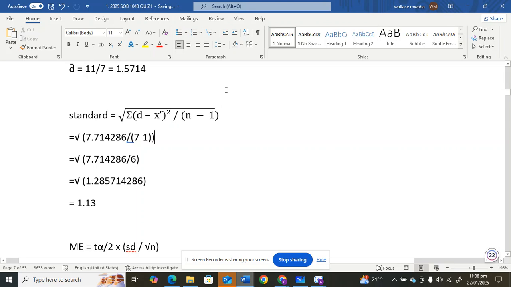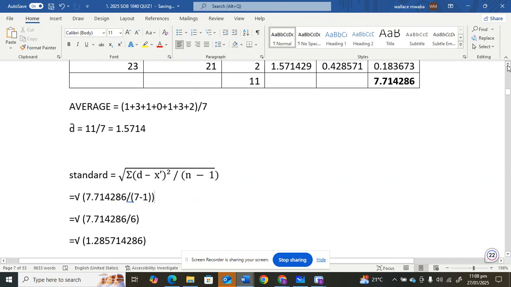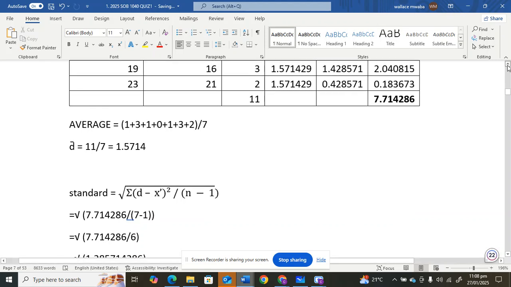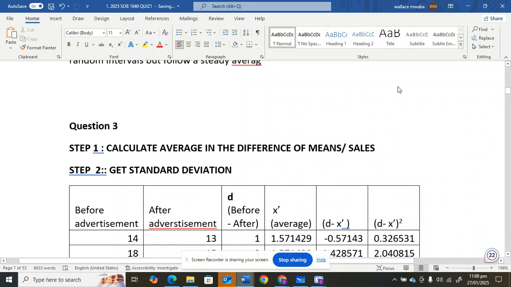You might even be thought to be copying, unless you're very good at guessing. All right, so that is step two.